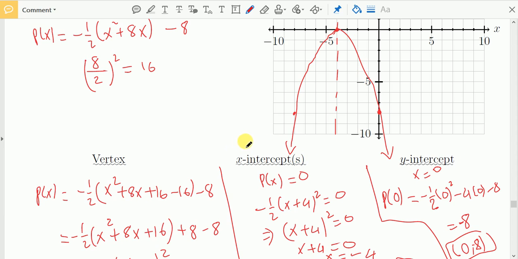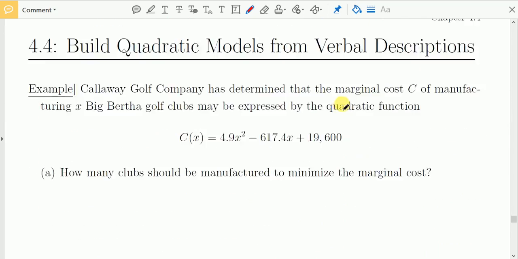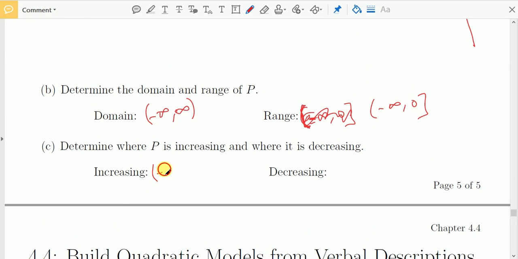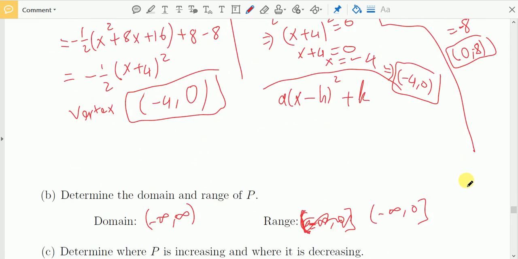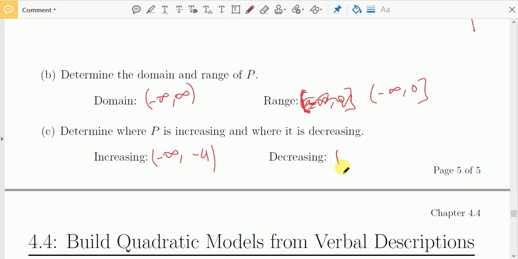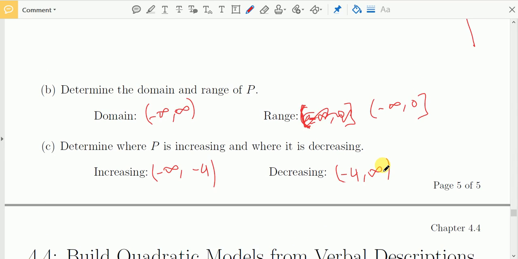So from negative infinity up to -4 is increasing, and from -4 all the way to positive infinity is decreasing. So that should be the end of section 4.3.